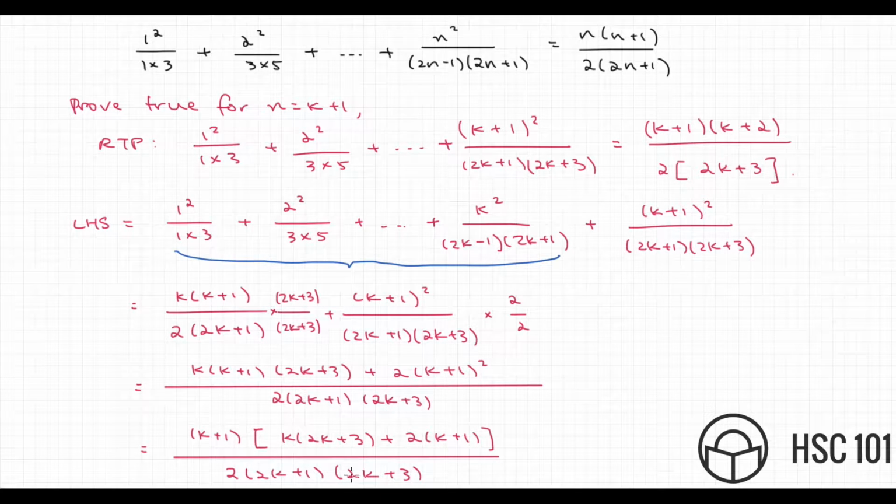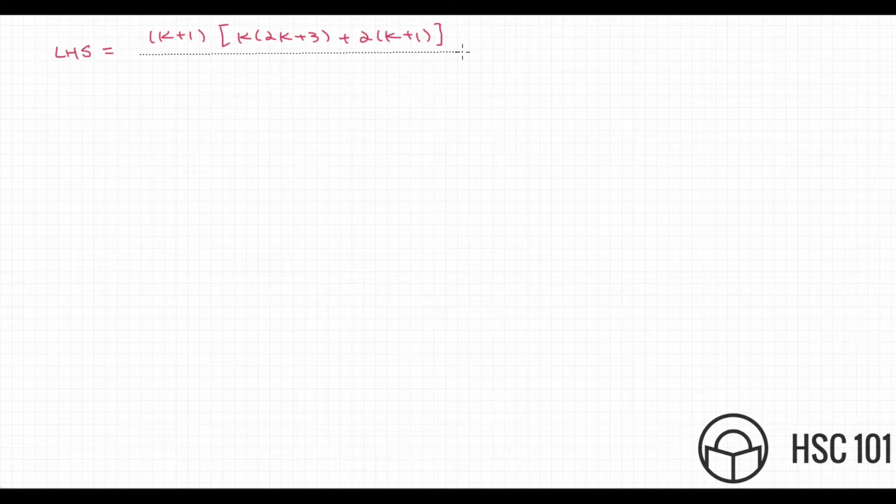So starting off with the left-hand side, or what we have of the left-hand side right now, starting a new slide, what we've got right now is left-hand side equals (k plus 1) times k lots of (2k plus 3) plus 2 lots of (k plus 1), and this is going to be all over 2 lots of (2k plus 1) times (2k plus 3).